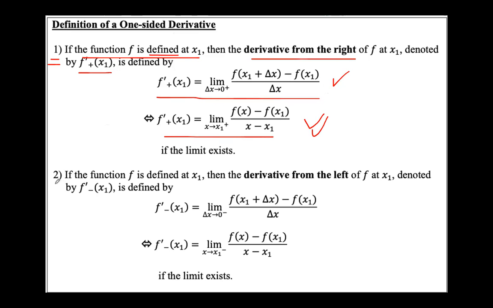For definition number 2, if the function f is defined at x1, then the derivative from the left of f at x1, denoted by this symbol, is defined by this.